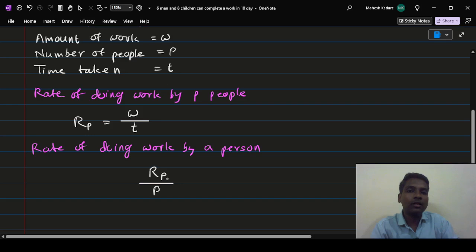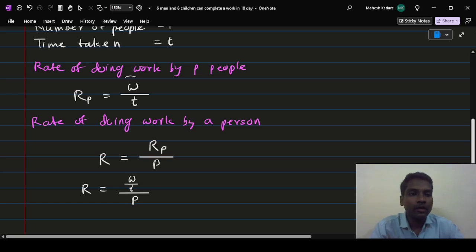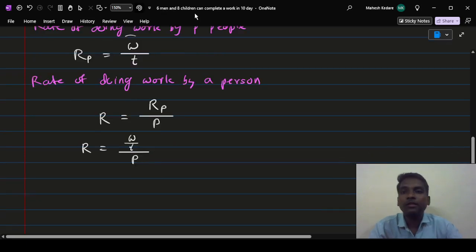We divide the rate of doing work by the number of people itself, and we get the rate of doing work by a single person, and I denote that rate by R. For RP here, let's substitute W by T and obtain R equal to W by T divided by P, and this finally gives us the rate of doing work by a person, W upon Pt.